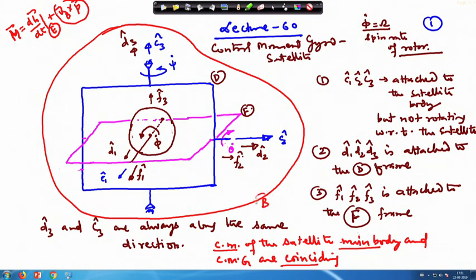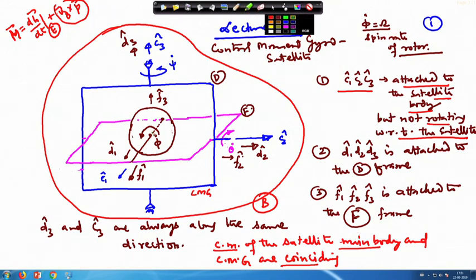So, this we are terming as B, and this is your CMG. Here in this figure, C1, C2, C3 are attached to the satellite body, but not rotating with respect to the satellite. It is fixed in the satellite. There is also the body axis, which I have not shown here.